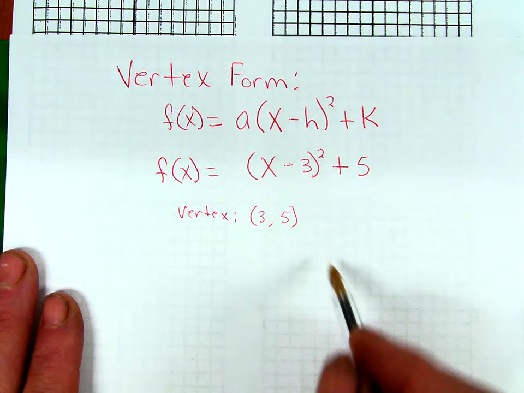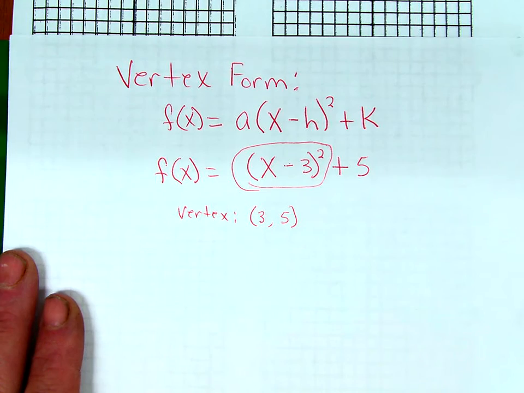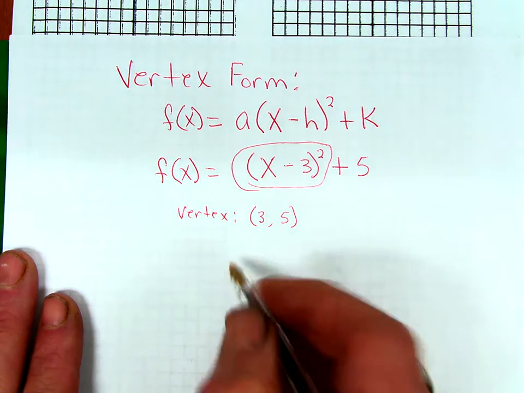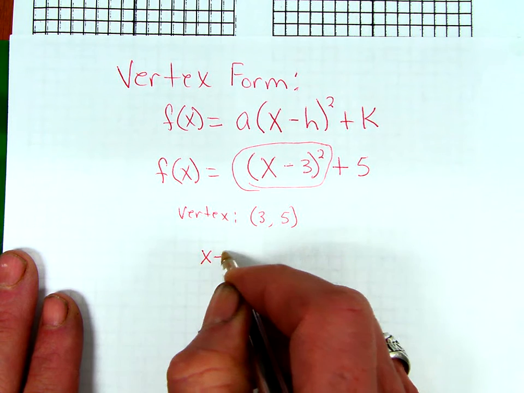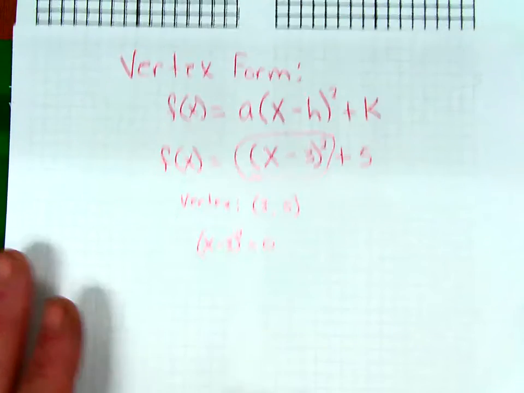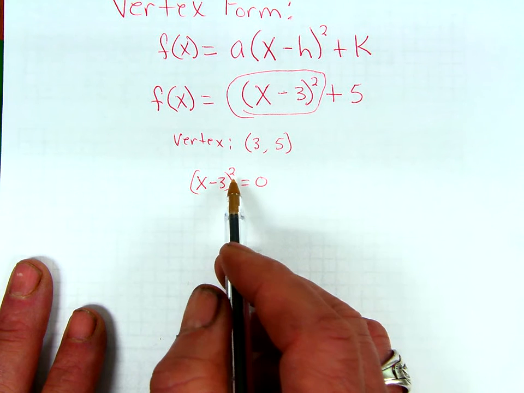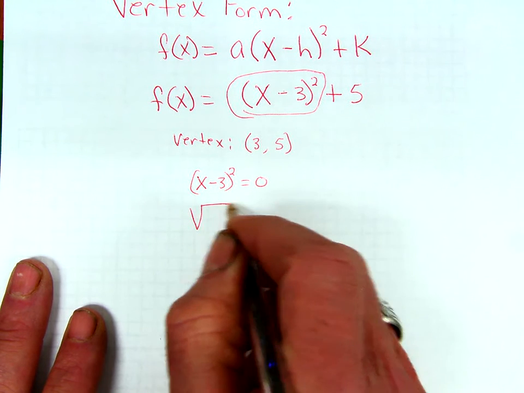The why is because in order to solve for the x in the vertex, you take this part of the equation and you set it equal to 0. And you solve for x. So the first thing that we need to do is get rid of the square here by taking a square root of both sides.